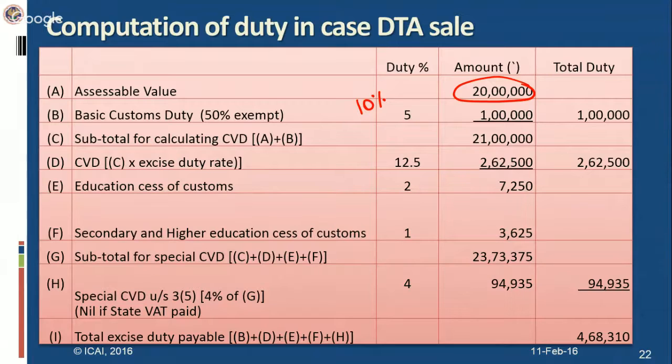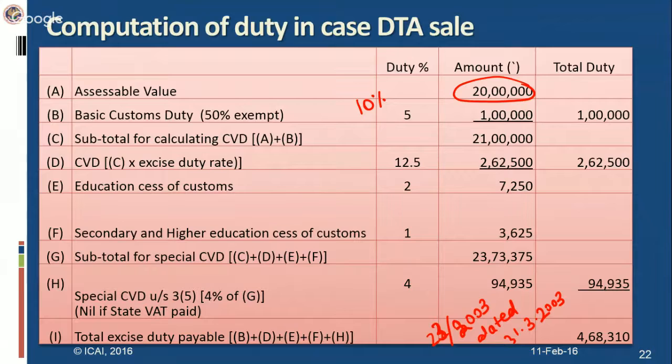This computation of duty from EOU to DTA sale is primarily guided by notification number 23 by 2003, dated 31st March 2003.